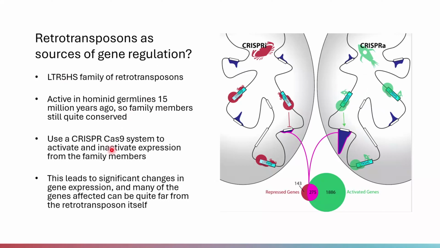And one team, I can maybe send you the article about this, did some work using CRISPRi, which now you know what it is, and then you can guess what CRISPRa is. And they basically tested this on the retrotransposon, and they found that when you break this retrotransposon, you end up affecting the expression of other genes that are far from the transposon.